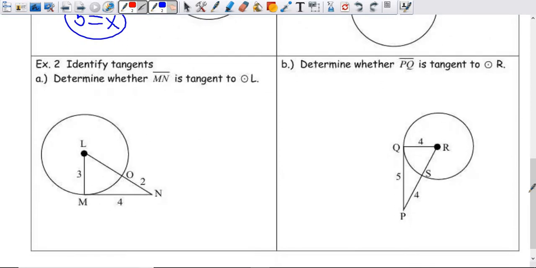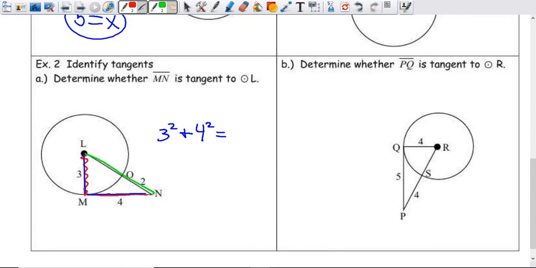Okay, so for instance here, determine whether MN is tangent. So now we are going to see if MN meets LM at a right angle. So we will test this also with our Pythagorean theorem. Well, I know this leg here is 3, so 3 squared plus 4 squared equals, and now I'm testing to see if this is a right triangle, so I need to know all of this right here.